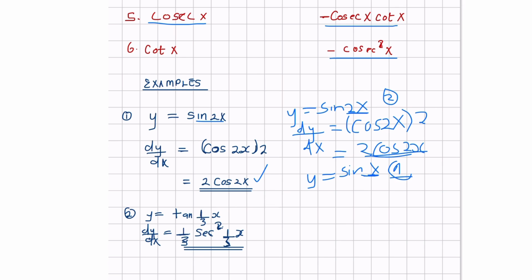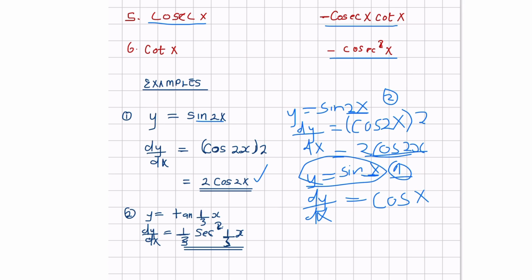Right. So what does this mean? This means that for the first example that we have on our derivatives list, dy over dx of this equation here will give us cos of x.